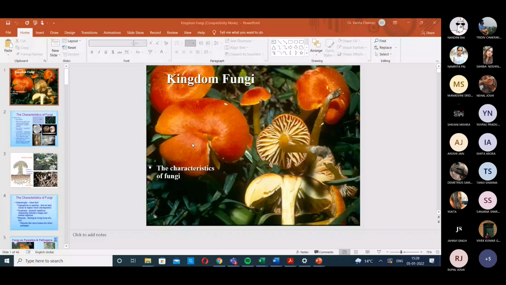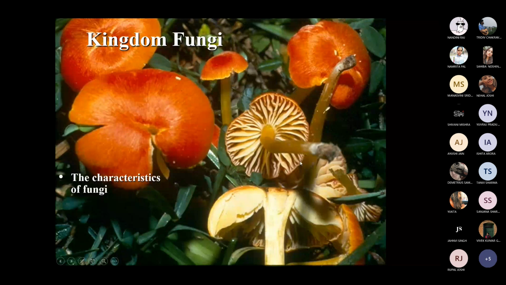Is this visible now? Yes, ma'am. Okay, fungi, right? Yes, ma'am. Okay, fine. Just let me know if it is not visible, because all I can see is the screen now. I cannot see you all.